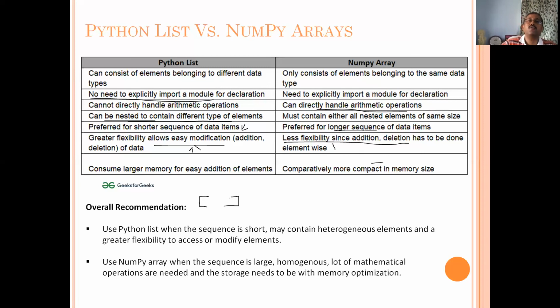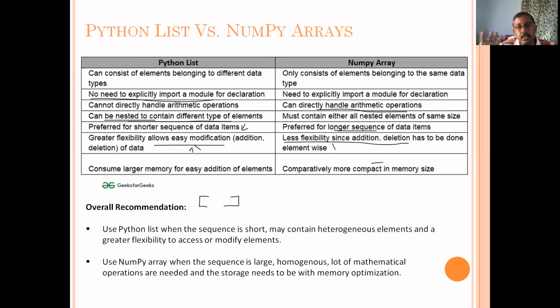So when should I go for list? When should I go for array? Again, I've just given here a basic guidance. It might change from situation to situation. So whenever the sequence of data items is shorter, right? And they are heterogeneous, you can have different types of data as different elements, then you should prefer to go for the lists, right?